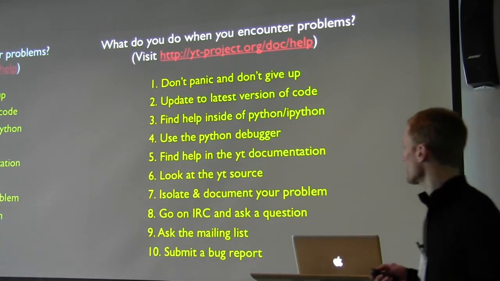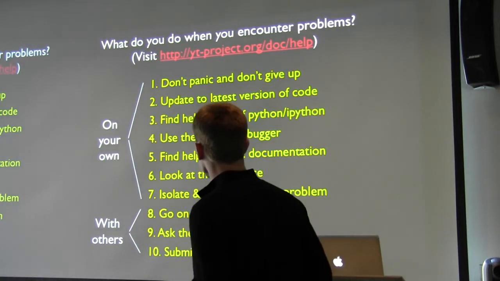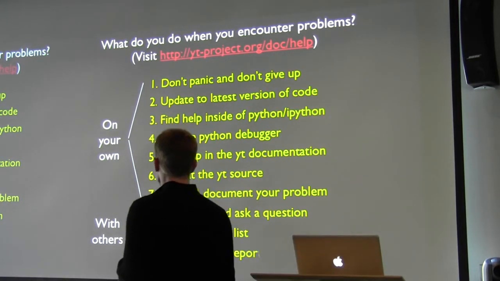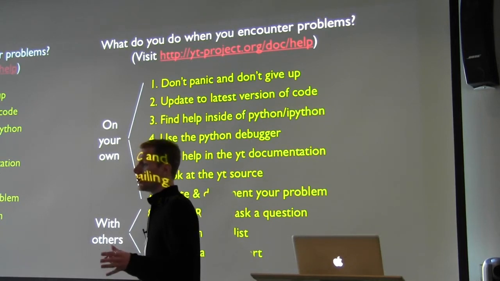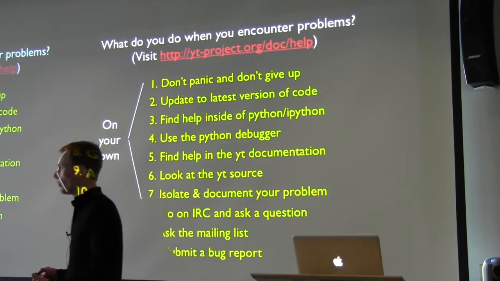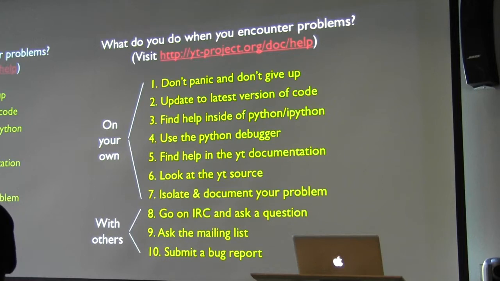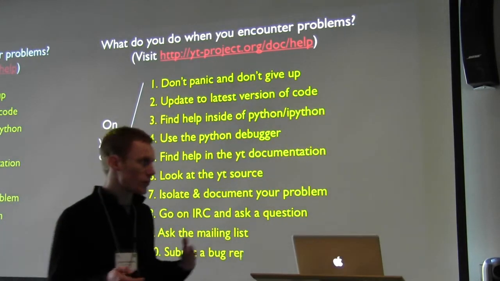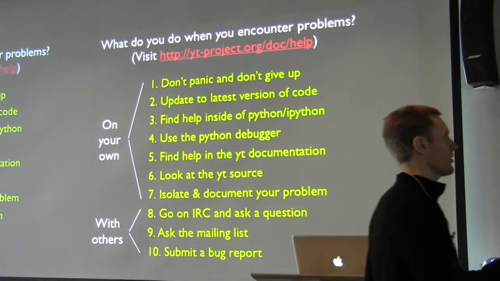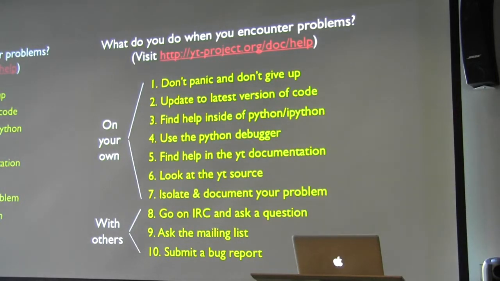Before I get to that, there are 10 steps. Most of these are things that you can do on your own before you have to start asking other people for help. Now, this isn't necessarily meant to be an in-order laundry list or algorithm. It can be, but the nature of your problems is going to dictate which steps you take and which ones you don't.